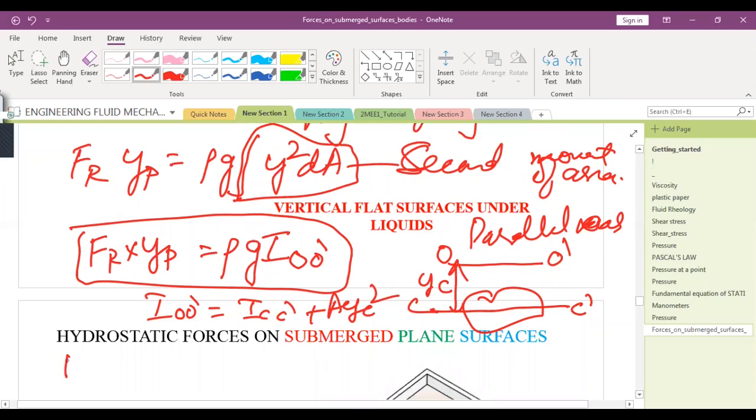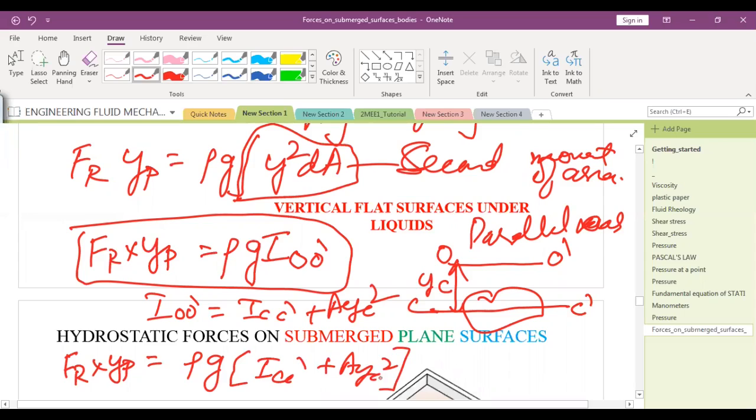So you get resultant force Fr into yp is equal to rho g into (I C dash plus A yc square). And Fr, you already know, is equal to rho g A yc. So rho g A yc into yp is equal to rho g into this term.